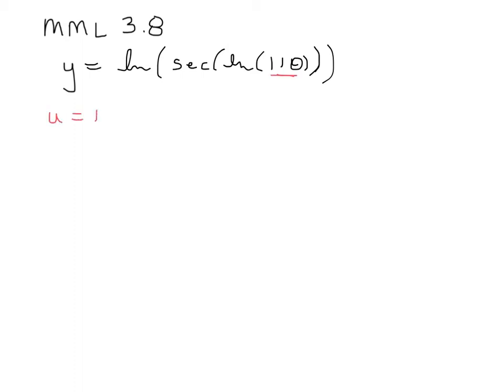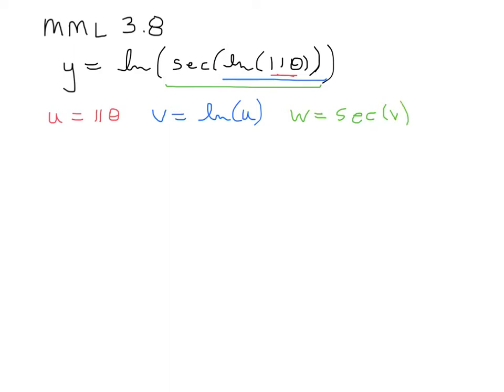So u equals 11 theta. And then I'm going to call this piece v equals ln of u. And then this piece I'm going to call w equals secant of v.